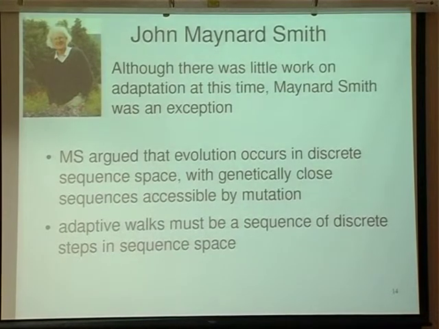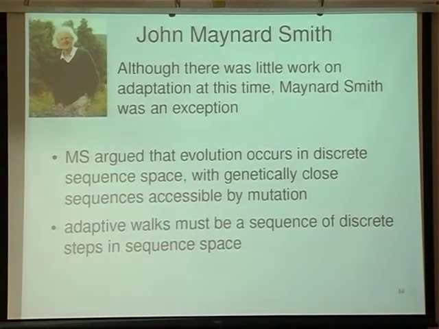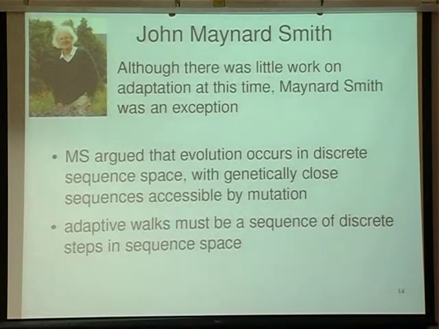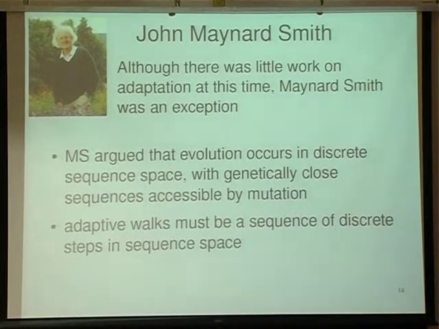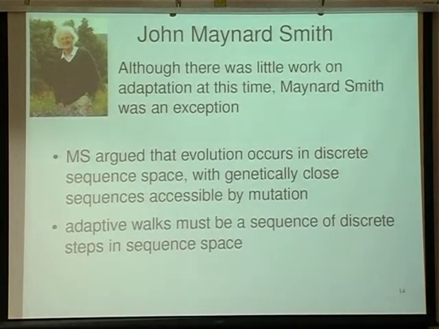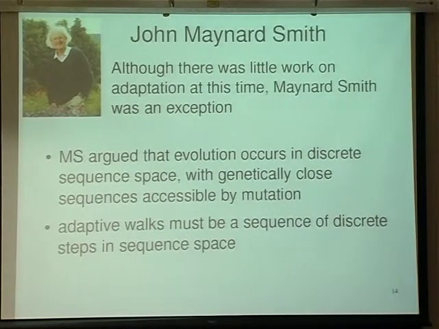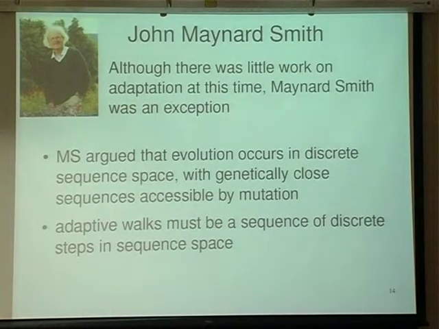The nucleotide base pairs have to change in a discrete way, and only genetically close sequences are accessible by mutation. And so adaptation must be a walk that's a sequence of discrete steps, even if they're small. So he returned to this idea that we need to have discrete steps in adaptation, that really things aren't continuous.